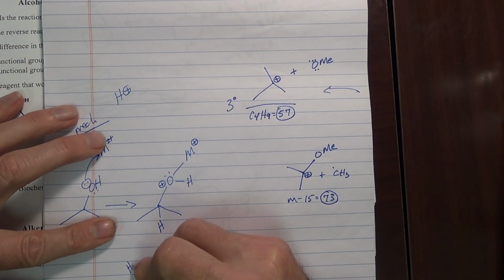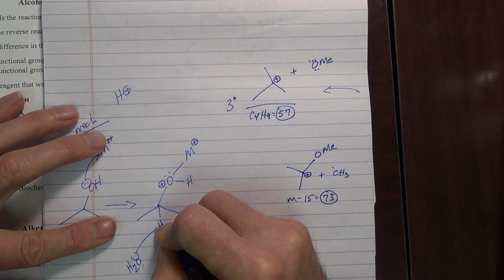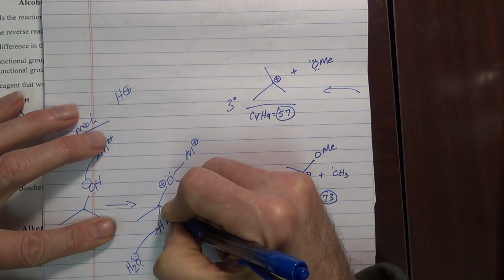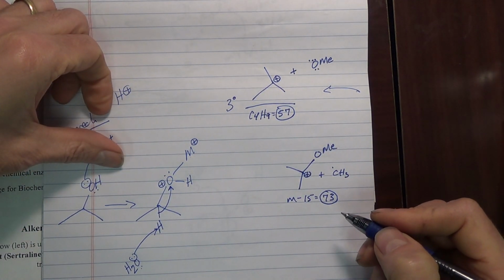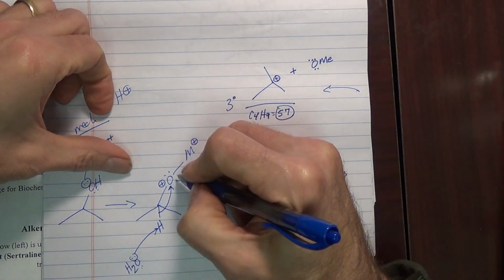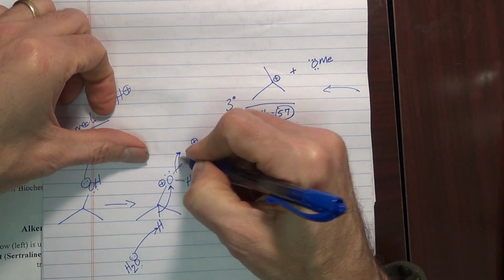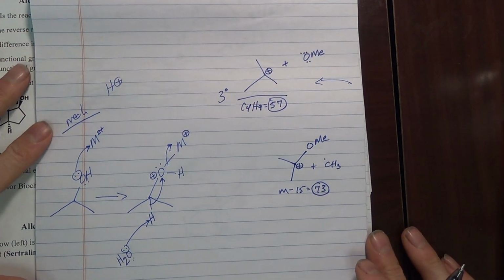Now, let's try this here. What if something like water comes in and takes this H? These electrons move here and make a pi bond and kick this off onto the metal.